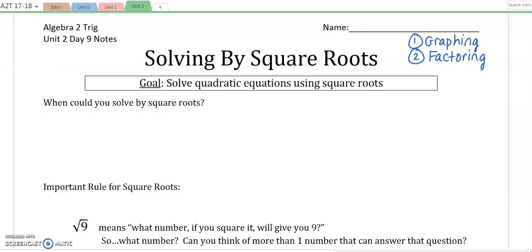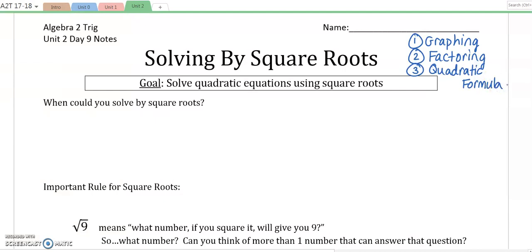But again, that only works with real solutions, and not all real solutions, because decimals would mean it wasn't factorable, right? So I couldn't solve it by factoring. And then the third method we learned was the quadratic formula. And that one worked all the time for every quadratic that we had.